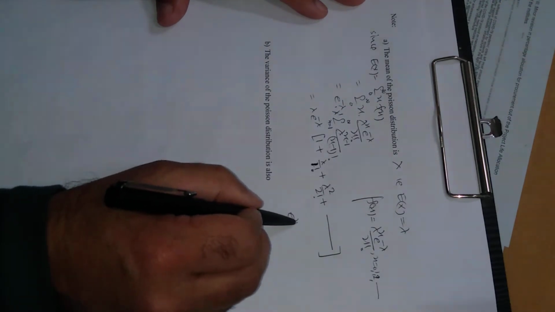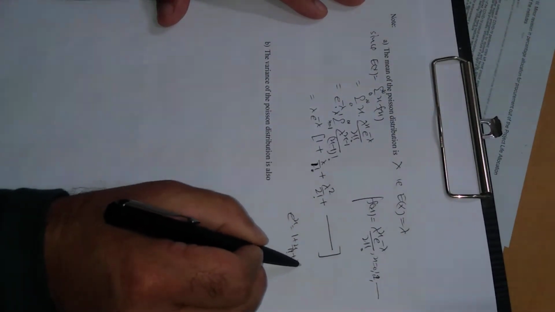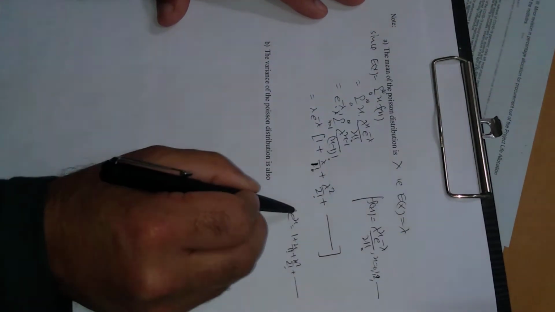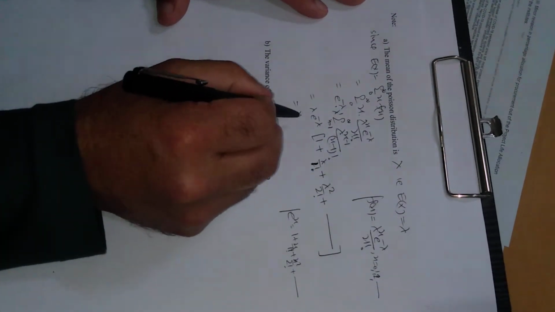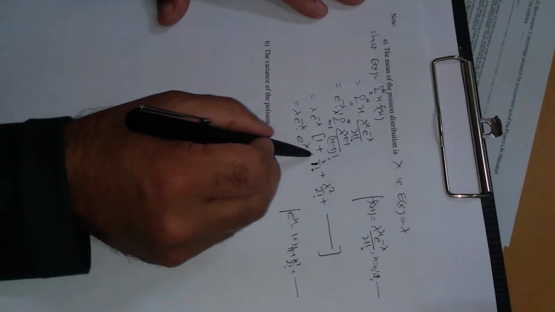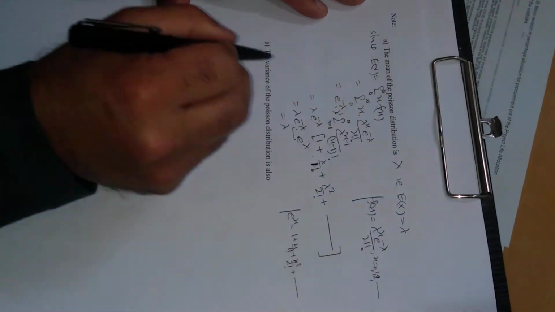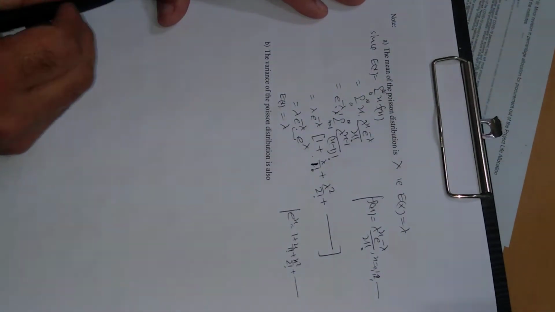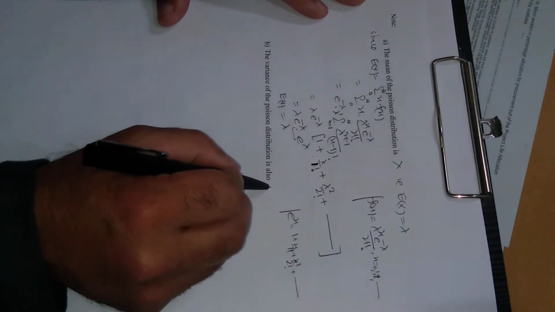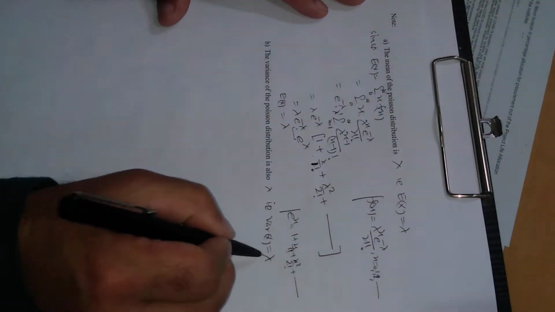You know this type of result: e raised to power x is 1 plus x upon 1 factorial plus x square upon 2 factorial plus so on. So this is lambda e power minus lambda times e power lambda. Multiply these two, this is 1, so this is lambda. So the mean is lambda. The variance of the Poisson distribution is also lambda, that is, variance of x is equal to lambda.